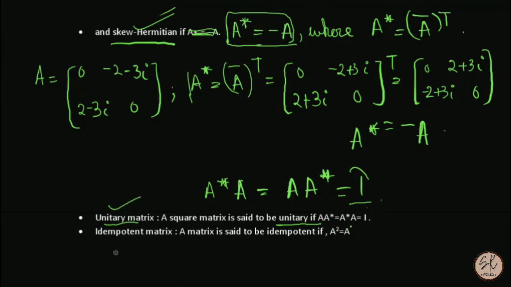Next matrix is the idempotent matrix. A matrix is said to be idempotent if A square is equal to A.